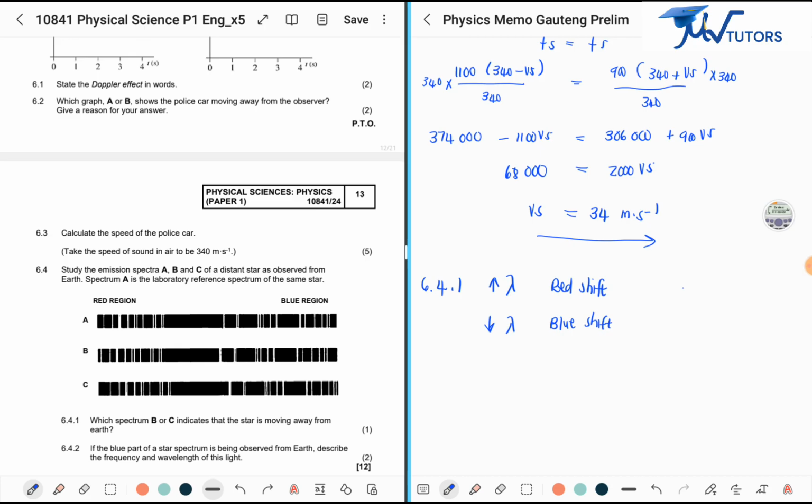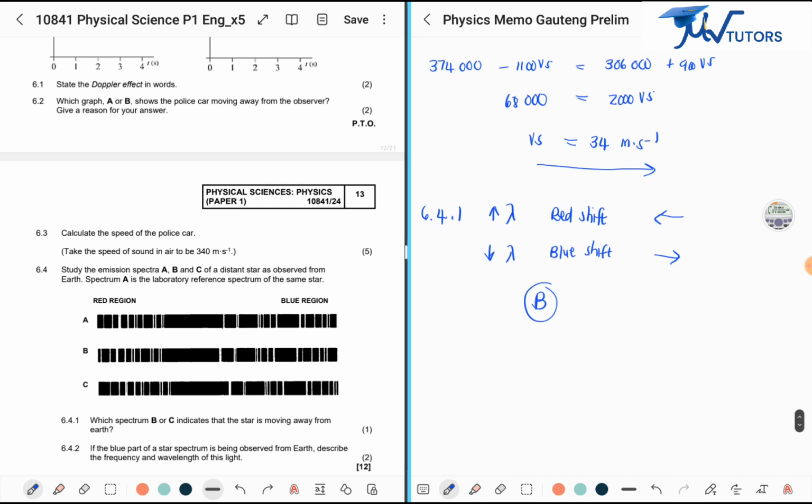The red shift moves more towards the red region, and the blue shift moves more towards the blue region. So which one indicates that the star is moving away? Basically we're looking for the red shift. I can see that B is moving towards the red region, whereas C is moving towards the blue region. So B would be my answer, because it has shifted to the red region. It's a red shift.